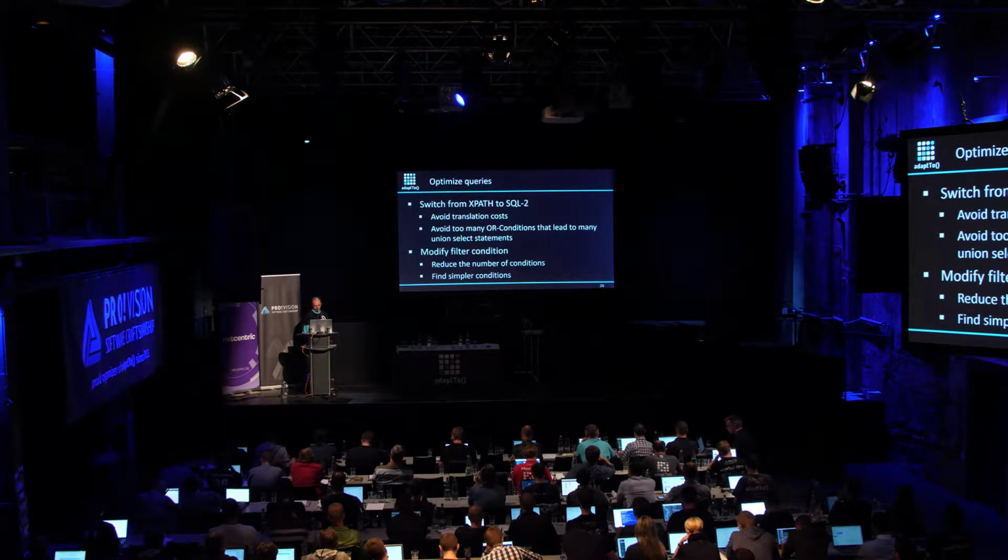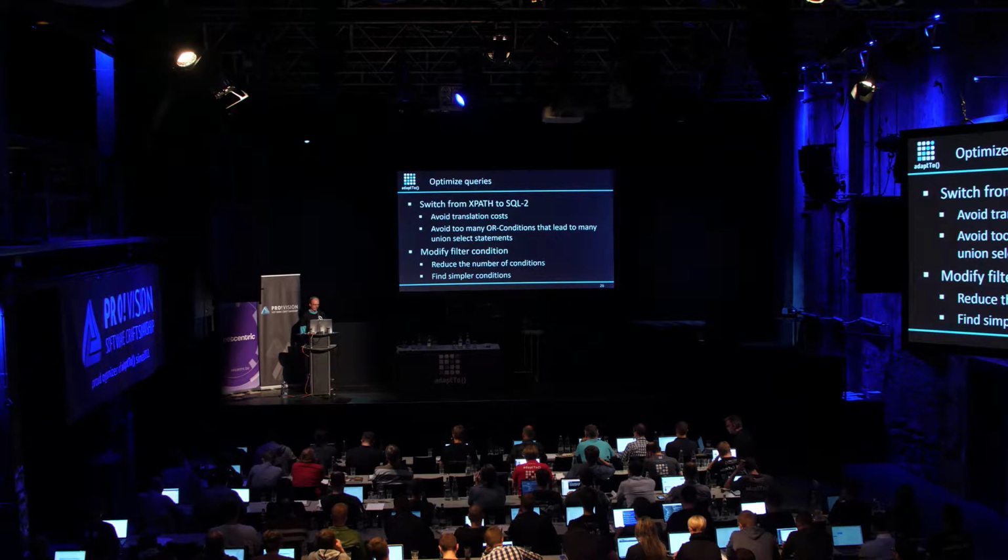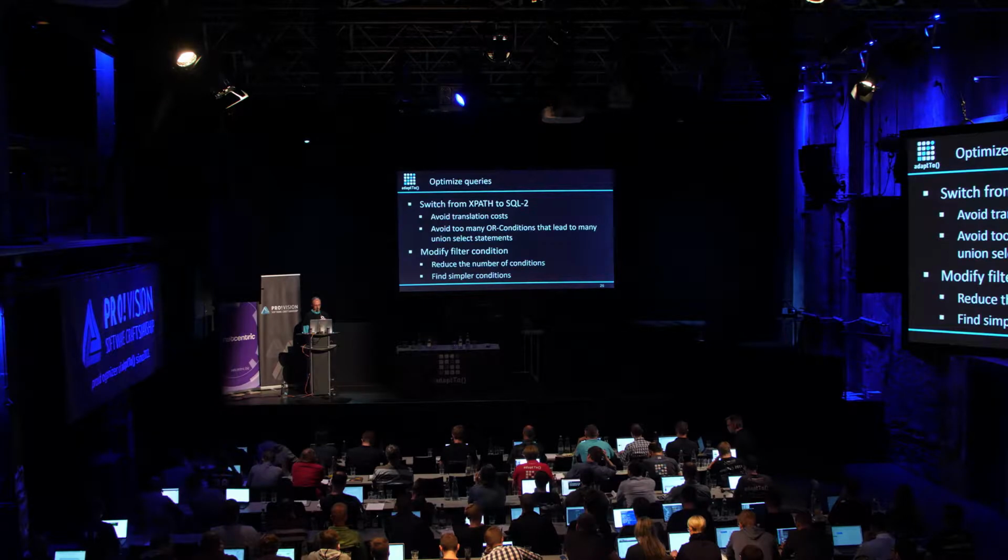Because the automatic translation of XPath queries generates, for all conditions, many union select statements, you can avoid that creation of many union select statements by writing directly an optimized SQL2 query.